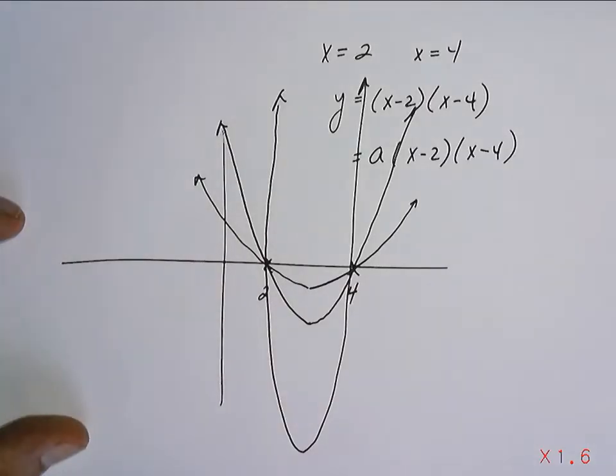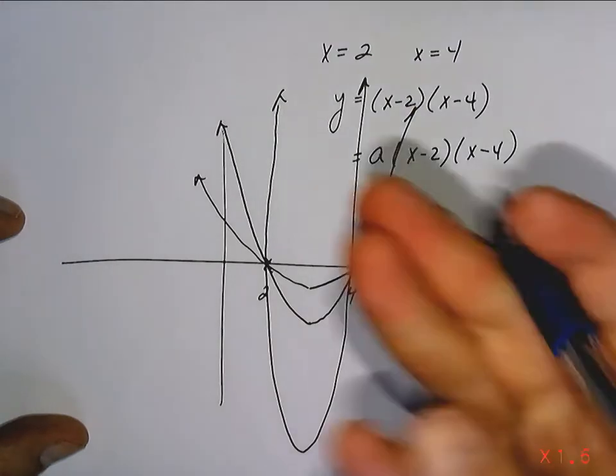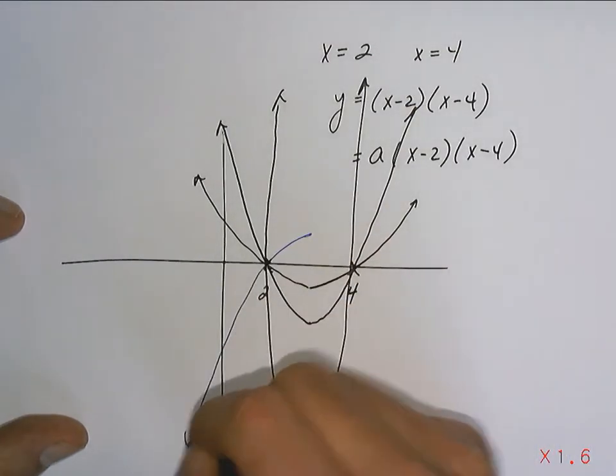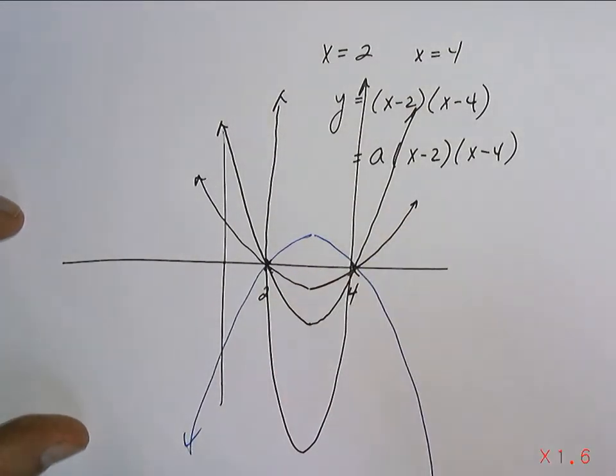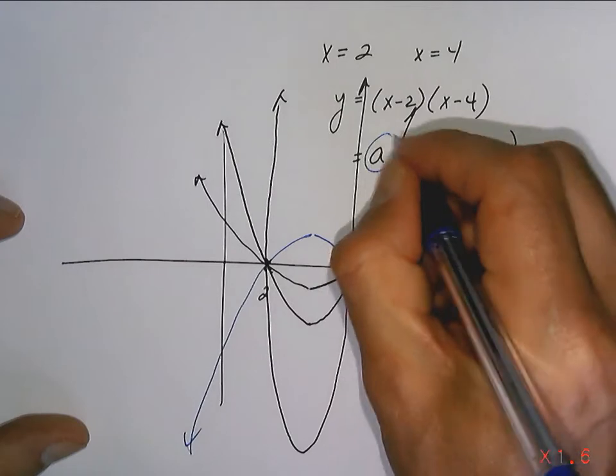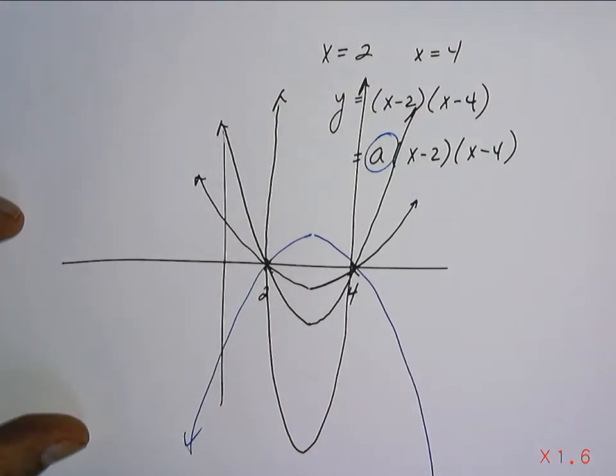Not even getting into the argument of, so does this parabola. You see what I'm saying? So we could have stretches and compressions, which is what that a value does, right? Or we could have reflections in the x-axis going up and down. And they all still have the same roots.